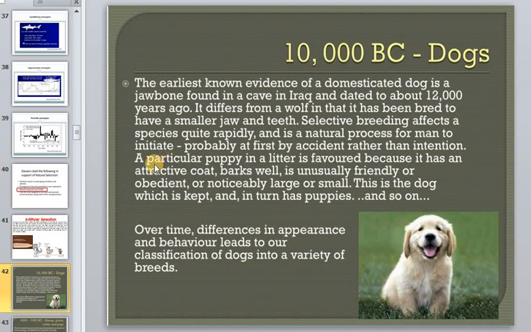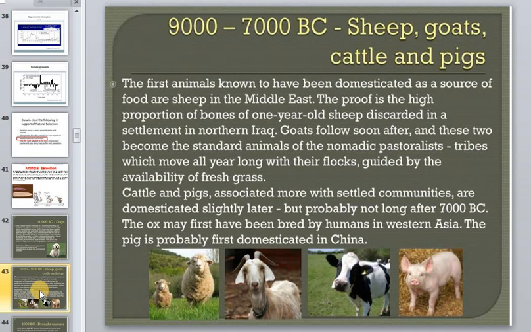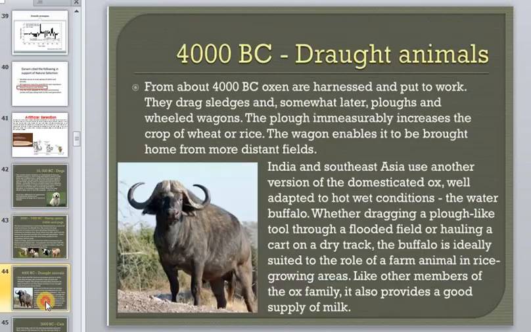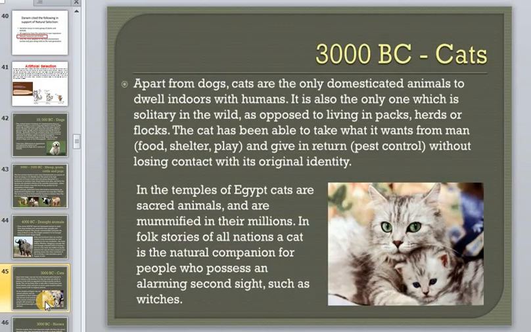And here we see these animals and how long it took. Just about dogs, you can find this information on different sites. You see 9,000 years for sheep and pigs and other cattle, and 4,000 years for oxen, and cats 3,000 years. In Egypt cats are sacred animals and are even mummified in the millions.